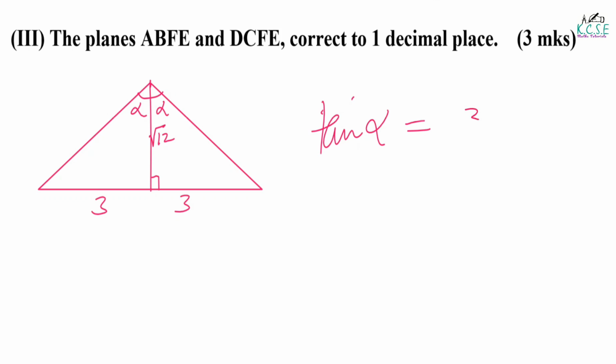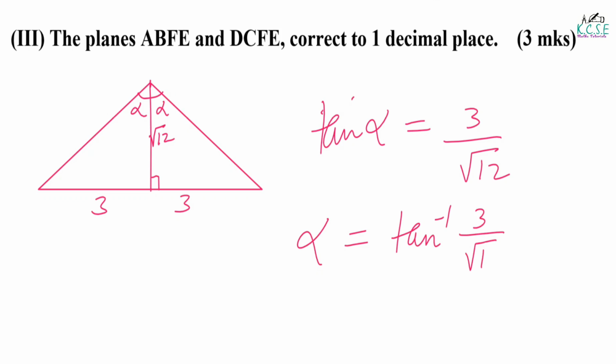Tangent of theta using one triangle is given by opposite over adjacent. Therefore this alpha will be given by tan inverse of 3 divided by root of 12, and then we multiply this by 2 to get the entire angle.